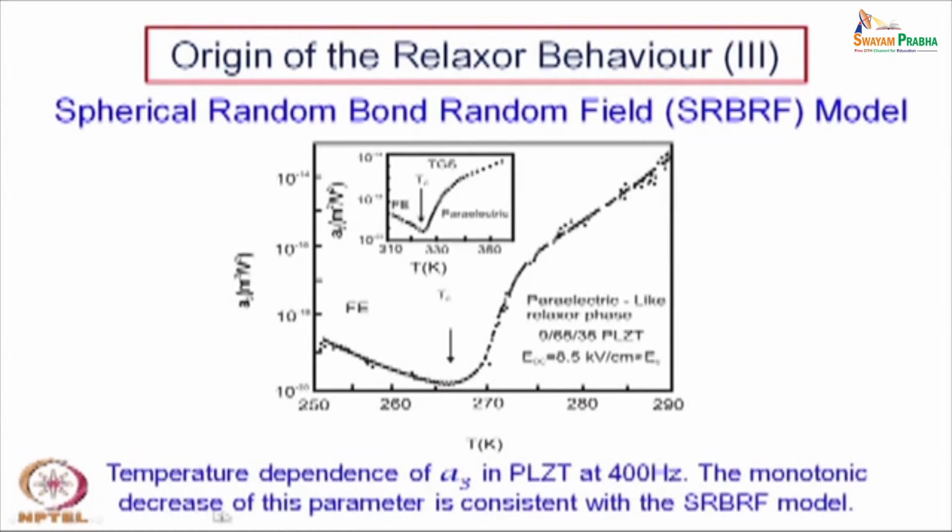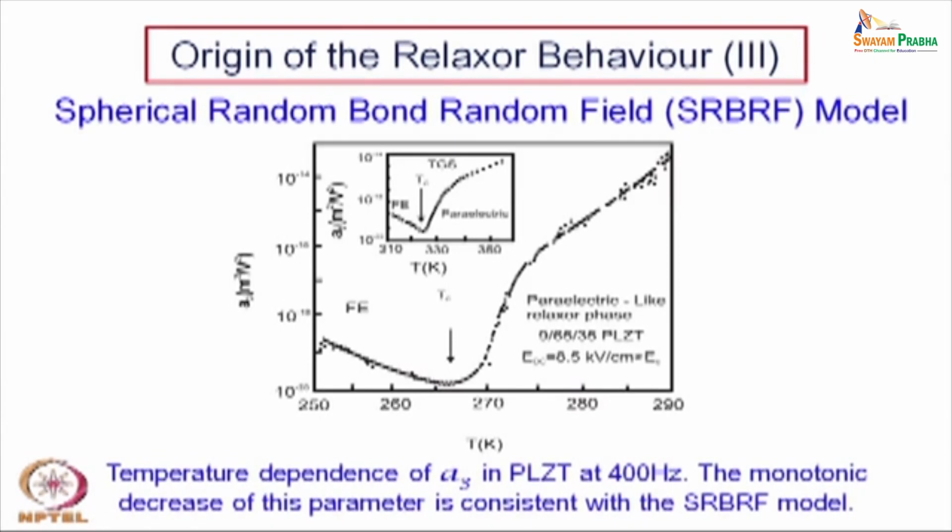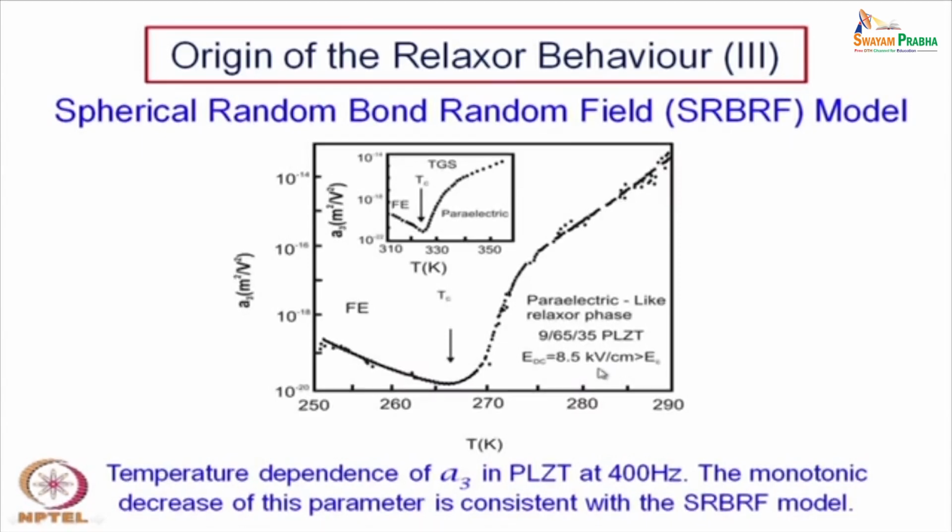Okay. The temperature dependence of A3 in this PLZT, as you can see, this is one of the relaxor ferroelectrics, lanthanum doped PZT, at a voltage of 8.5, or the electric field of 8.5 kV per centimeter, which is greater than E0.